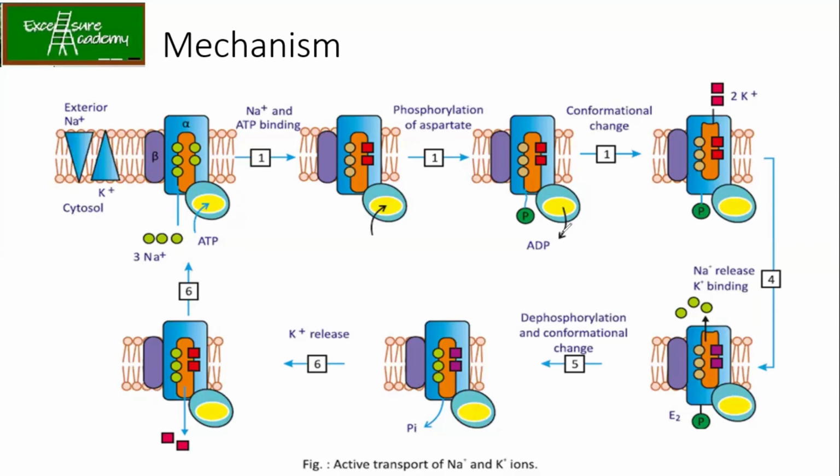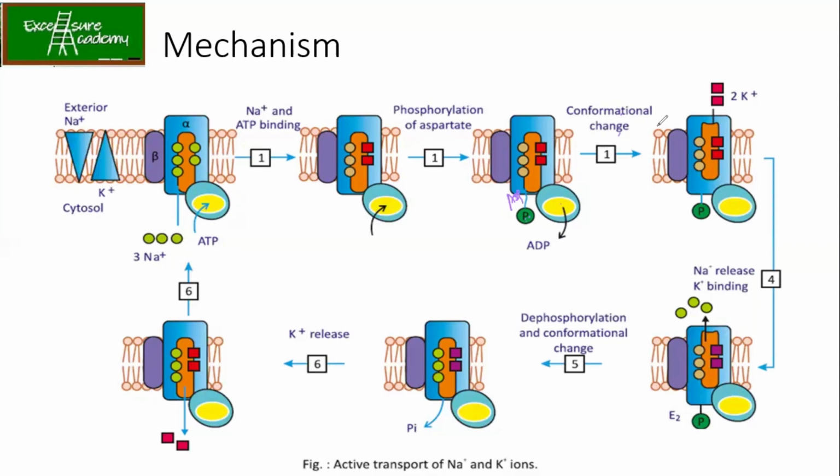See, when ATP hydrolysis happened, it means what? ADP and this phosphorylation was there, right? So aspartate gets phosphorylated. Now this phosphorylation causes a conformational change, which increases the affinity for potassium. The sodium is released, and then potassium binds.